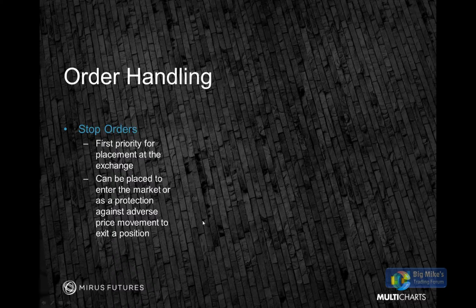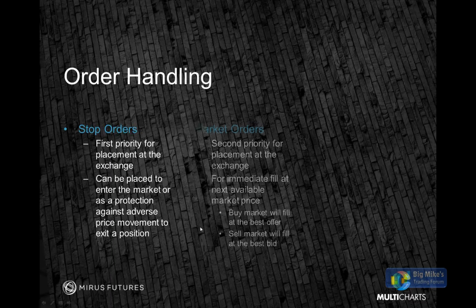Stop orders are used to enter the market, but they can also be used as protection against adverse price movements to exit a position. It really depends on your trading strategy, on how you're going to be using stop orders. Market orders get second priority for placement at the exchange.